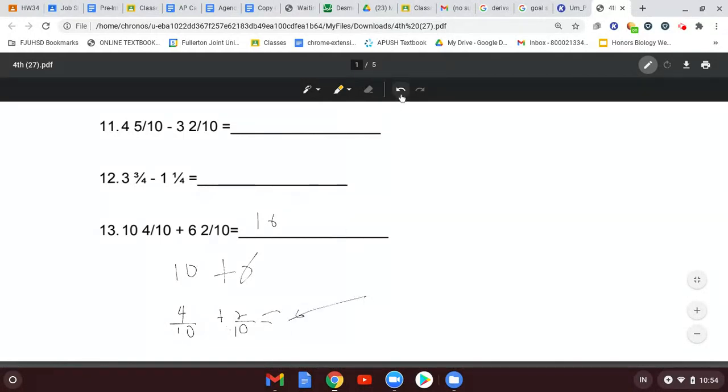However, 6 over 10 we can simplify into 3 over 5. Alright, okay. So 16 3/5.